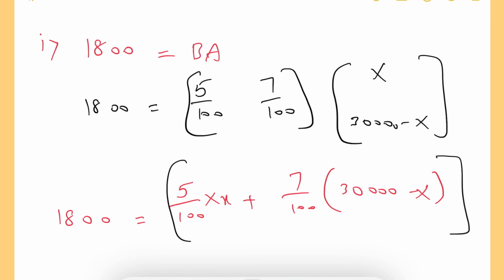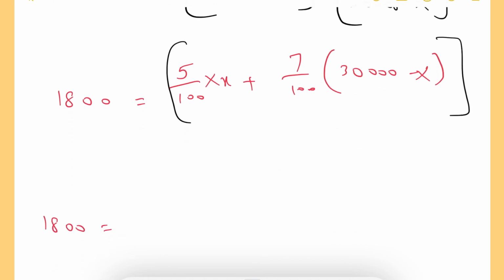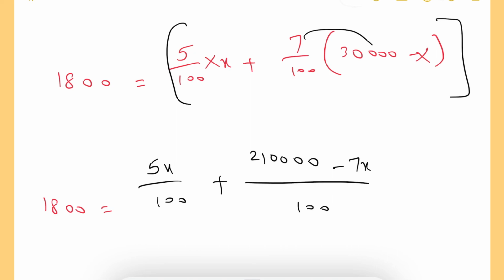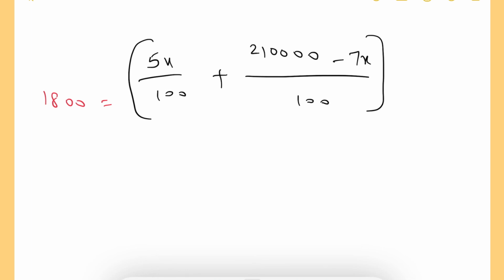Let us simplify this. 5 into x, 5x divided by 100, plus 7 into 30,000. 7 3s are 21, 4 zeros as it is, 2,10,000, minus 7 into x, 7x divided by 100. 1800 is equals to, both the denominators are same, so write it once, 100.